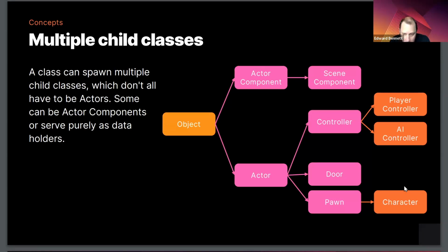Now, all of these are children of an actor and therefore will inherit the functionality of an actor, and so on. So it allows us to modularize where we put our code and functionality, because there's a lot to be said for making sure you've got the correct functionality in the correct place.